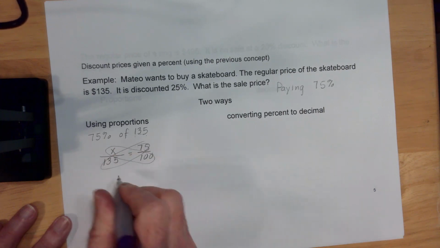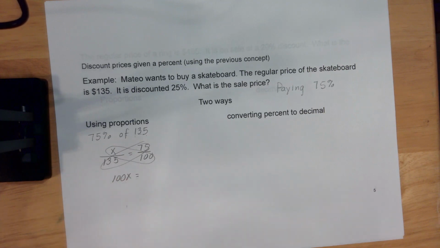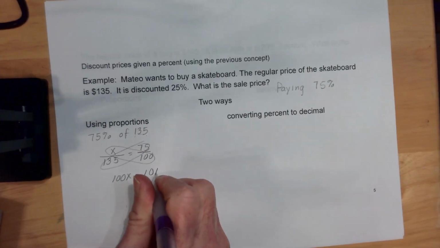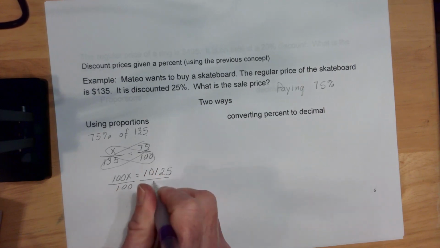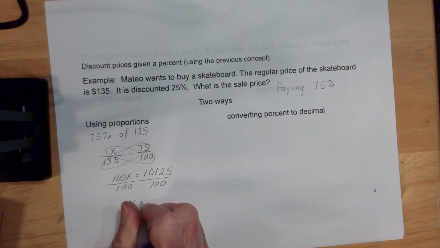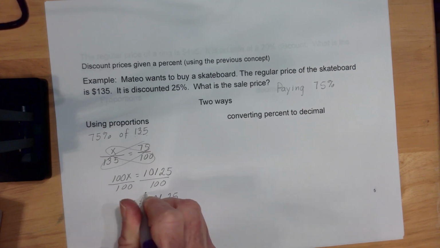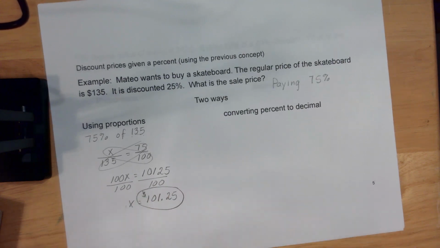I cross product, so I have 100x is equal to 11025, and I'm going to divide by 100, so it's going to move the decimal 2 places to the left, and I am actually paying $101.25. Remember, you're talking about money.